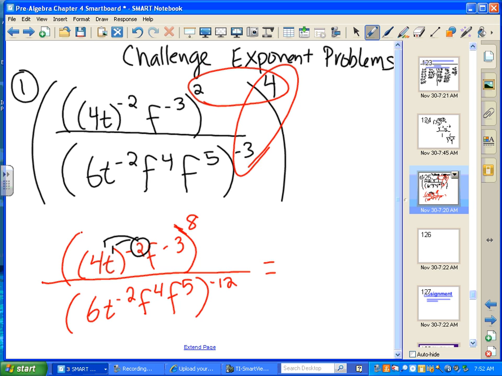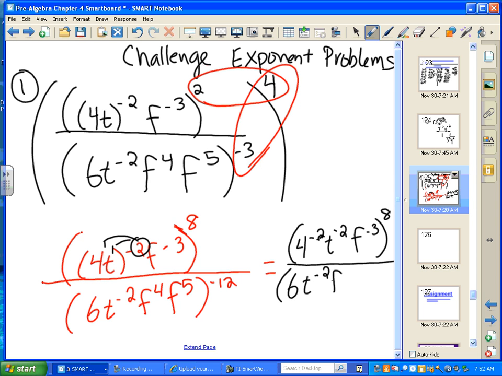We're going to distribute negative 2 to each parenthesis. So our numerator becomes 4 to the negative 2nd, t to the negative 2nd, f to the negative 3rd, all raised to the 8th. The bottom for now, just rewrite because there are not any little parentheses to get rid of.